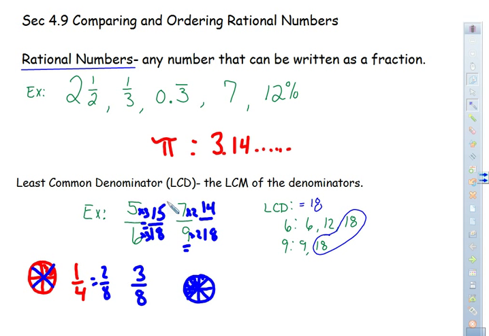Now I can compare and see that my 5/6 is 1/18 larger than 7/9. And these numbers are so close, 1/18 apart, it's virtually impossible, unless someone's really worked with these types of numbers a lot, to know for sure that 5/6 happens to be larger. So very, very close these numbers are.